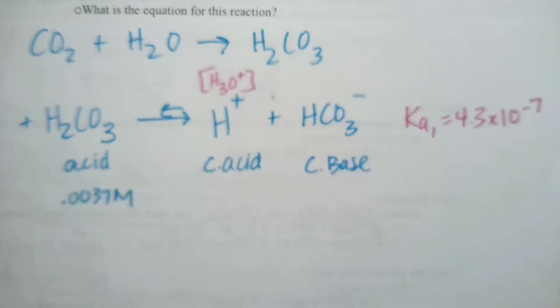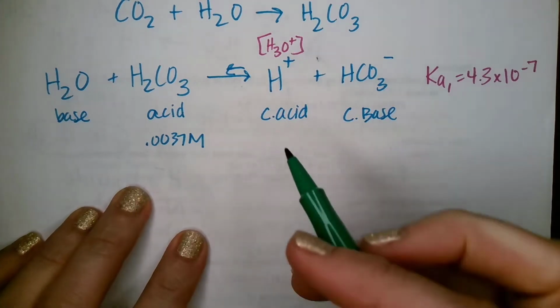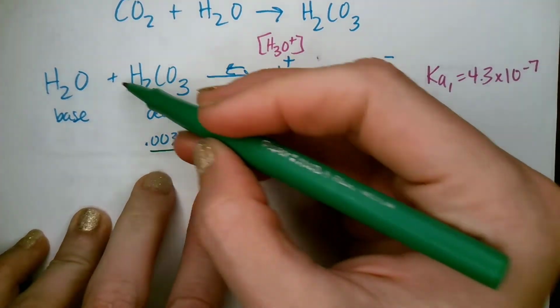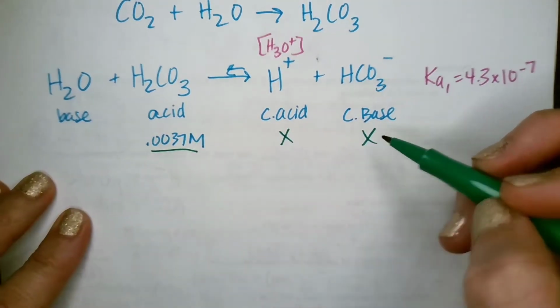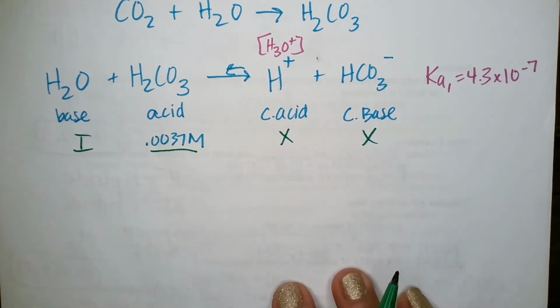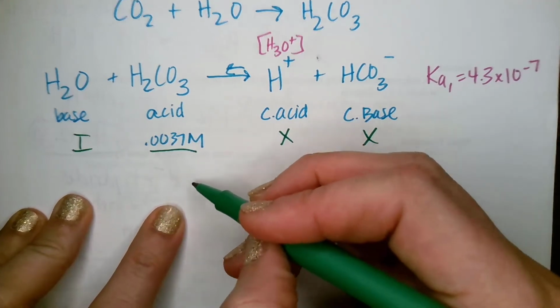That is our dissociation Ka value. So we know our initial concentration, and we know that we have a 1-to-1 ratio here. So we can call this X and X. This is for my initial concentration.